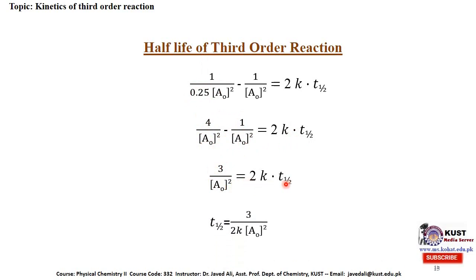By further rearranging, half-life is equal to 3 divided by 2k a naught square.